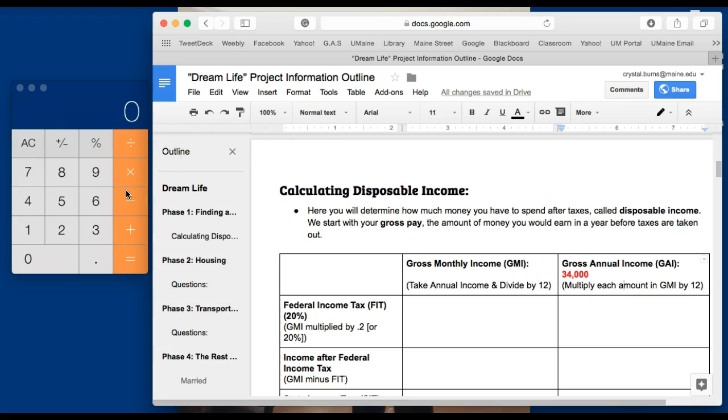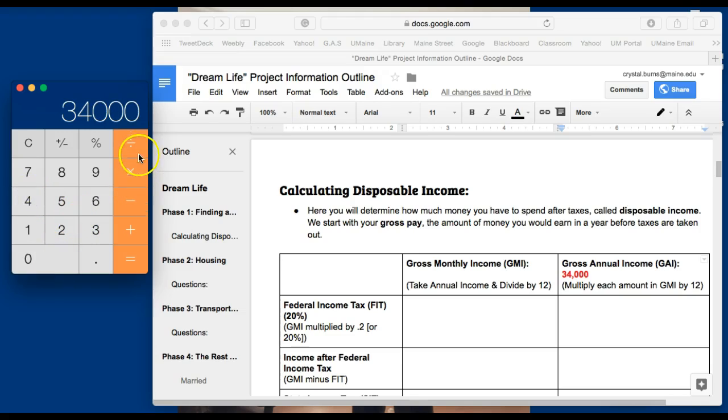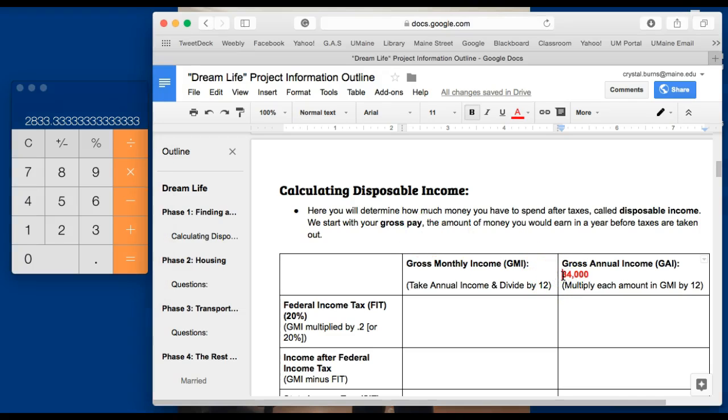So it's going to be helpful to have your calculator up. So I'm going to do 34,000 divided by 12, and that equals, now we're dealing with money, so let's make sure we put our big old dollar signs in there.